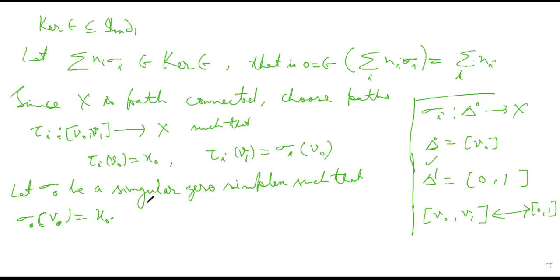Now boundary map, if you apply it to tau I, it equals tau I restricted over v1 minus tau I restricted over v0.